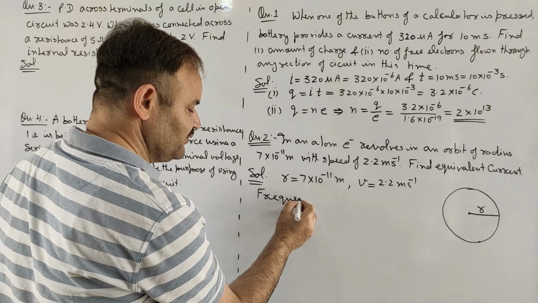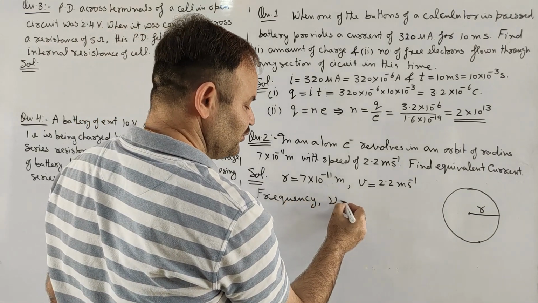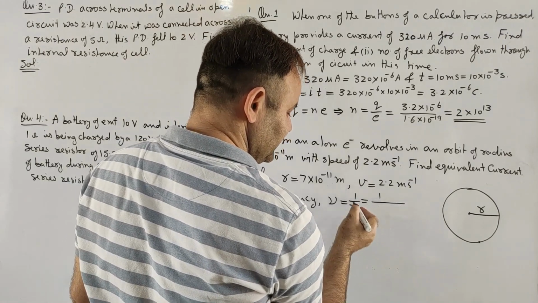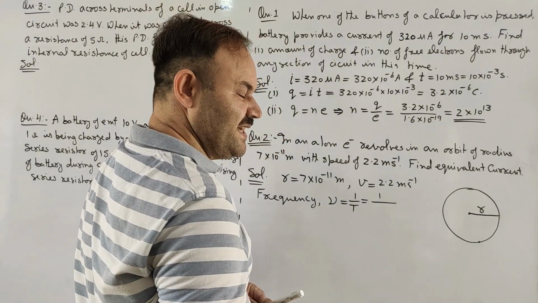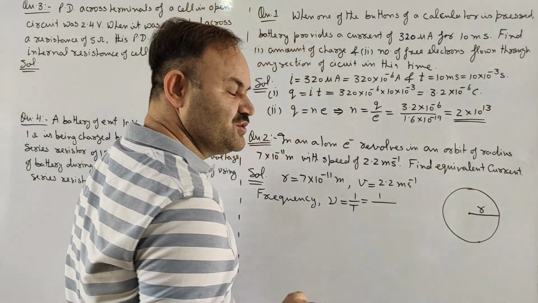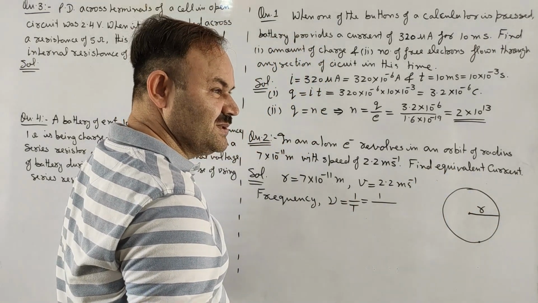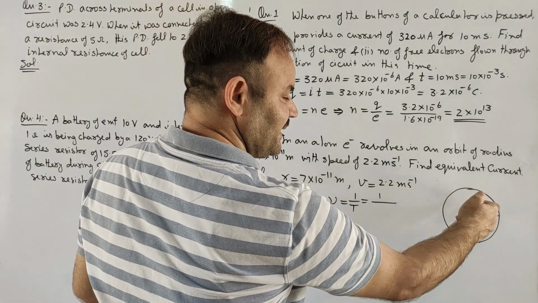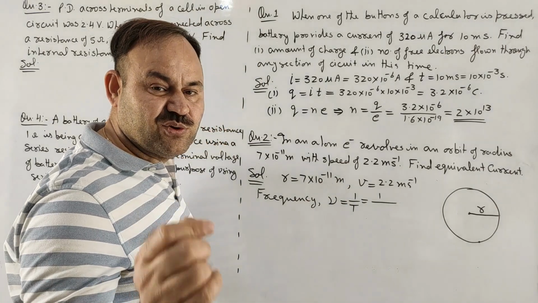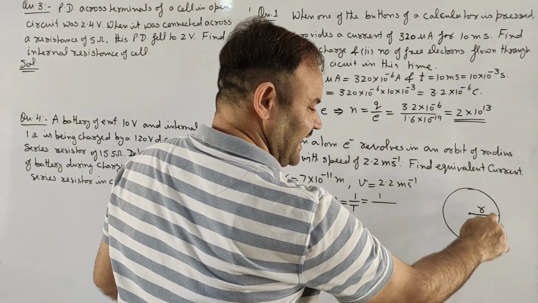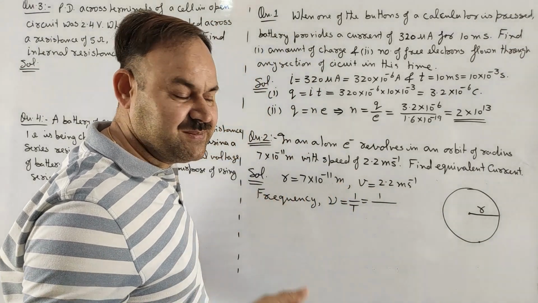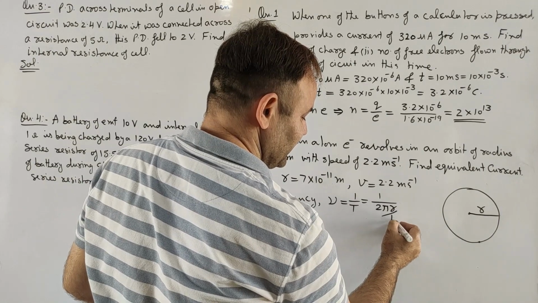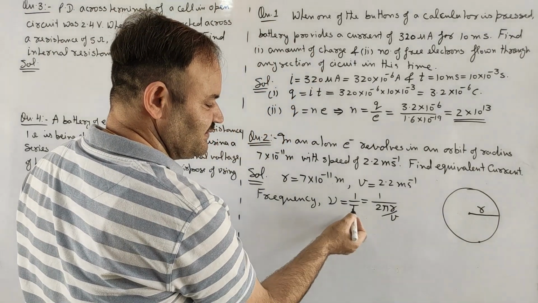Frequency of revolution of the electron, nu, will be 1 upon time period, and that can be obtained as the distance covered in one revolution divided by speed, because distance upon speed will give time. Since the radius of the circular path is constant and speed is constant, for every revolution the electron will take the same time. So 2 pi r upon v, distance upon speed, will be the time.